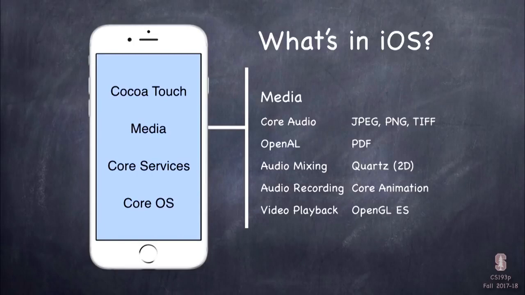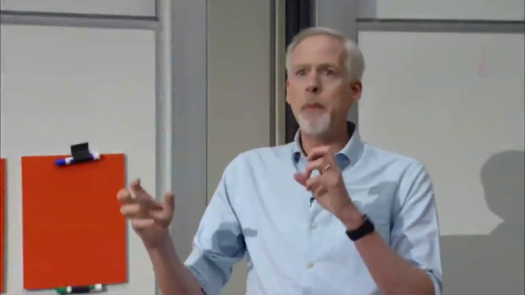Okay? So I know some of you might be wanting to write a cool game that has 3D sound with TIE fighters ripping around from the back into the front. And that's all possible and quite straightforward to do, but in 10 weeks I have to pick what I'm going to teach you. And so I'm going to focus on core services and then this layer, which is Cocoa Touch. So Cocoa Touch is the UI layer of iOS. This is where the buttons and the sliders, all those things are.